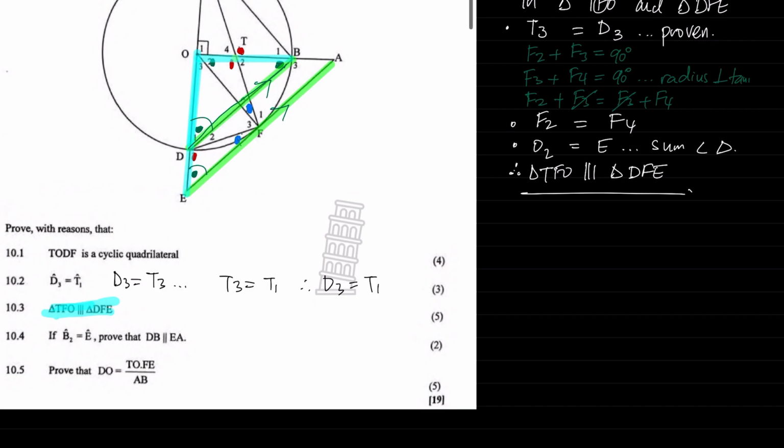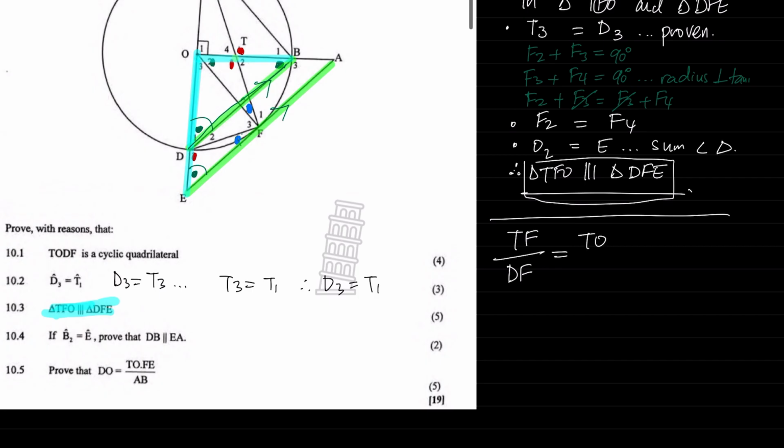So from this similarity, I can get some ratios. And the ratios are going to be TF divided by DF is going to equal TO divided by DE, which is going to equal FO divided by FE. Now, if I look at the question, it has TO here, and then I have TO right here.